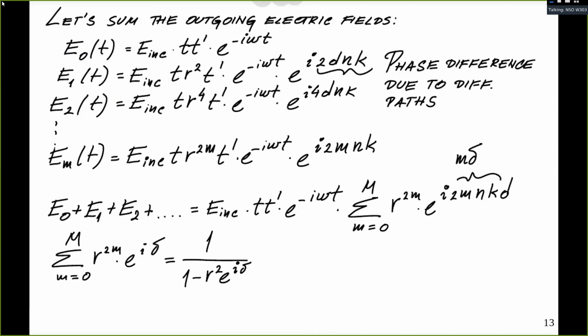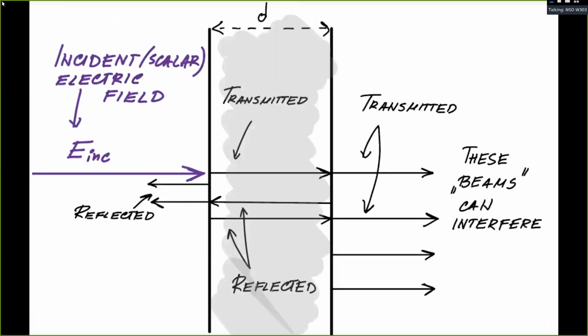But then there is also a phase difference that comes from the different path, right? So take a look here. With respect to the zeroth beam, the first beam made 2 paths through the filter, okay?